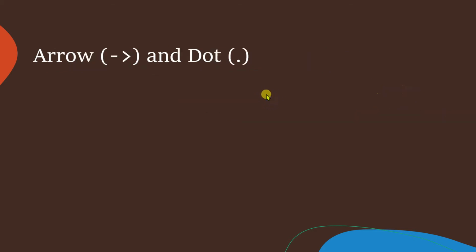The next part we are going to discuss is the arrow operator and dot operator. These are generally called member accessing operators. So what is a member accessing operator? It is used for accessing the members of a structure.